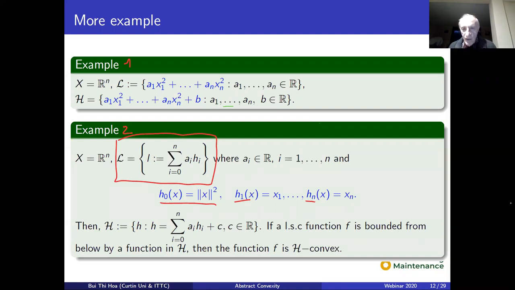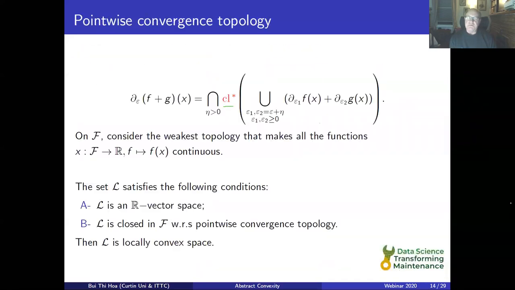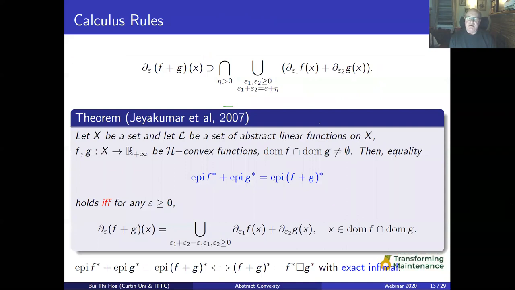Anyway, we have a few more questions, and Andrew Eberhard, please. Oh, hi. Thanks for the talk, Hua. That's great. Just one question. Your conditions for the sum rule are in terms of just the conjugates of the constituent functions. Does that mean that the rule you have can be applied to, say, the case where one of the functions is not closed in the topology that you're talking about?